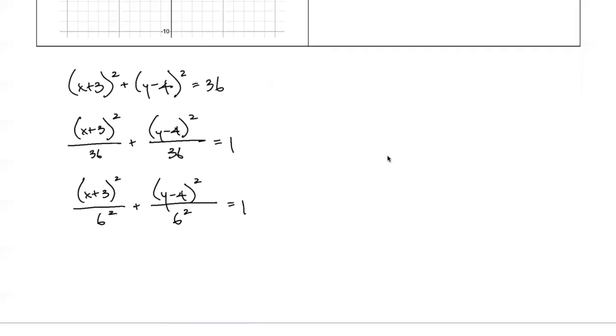Check out what this tells us. Oh. Still gives us the center, right? But look at what these numbers below do. Silly question. Is this pink 6 associated with the x or the y?